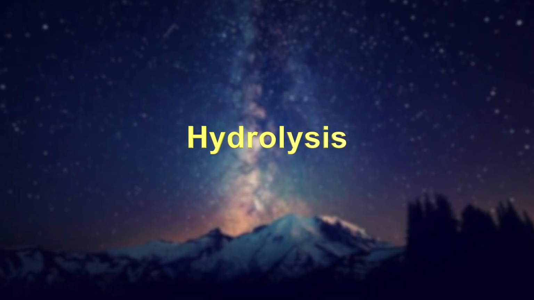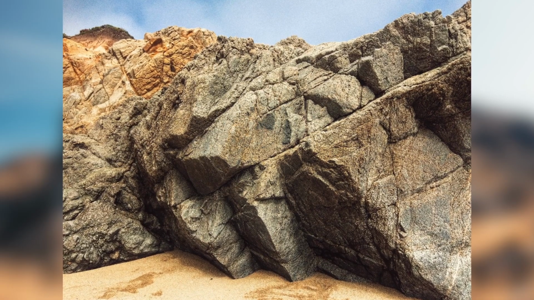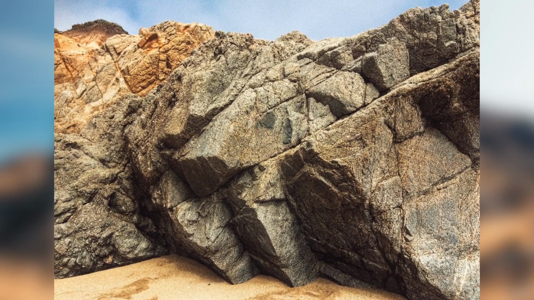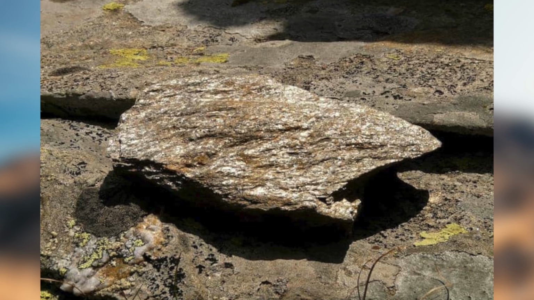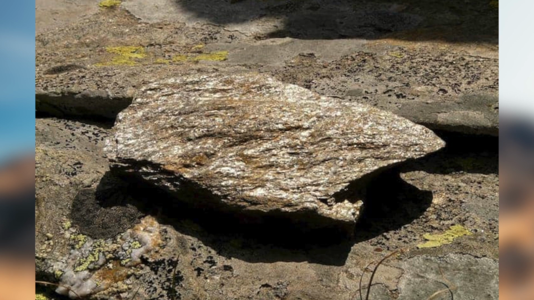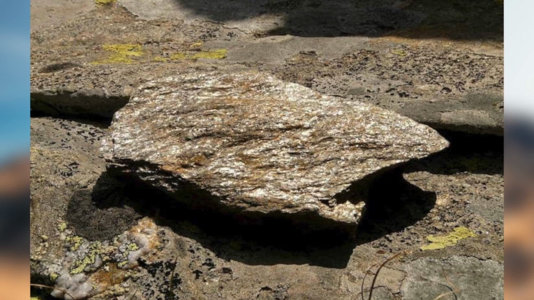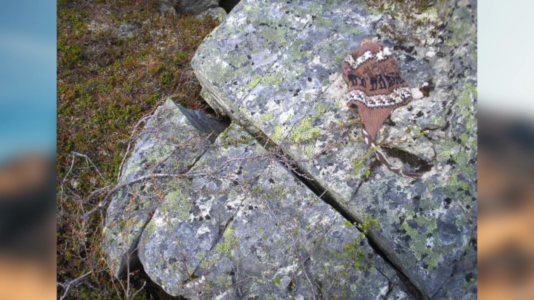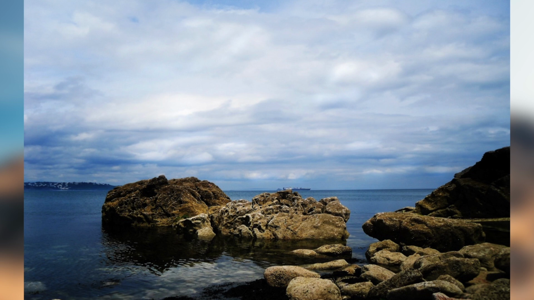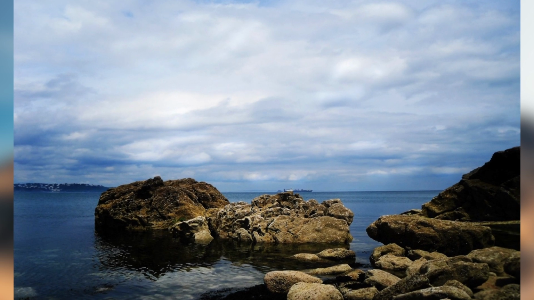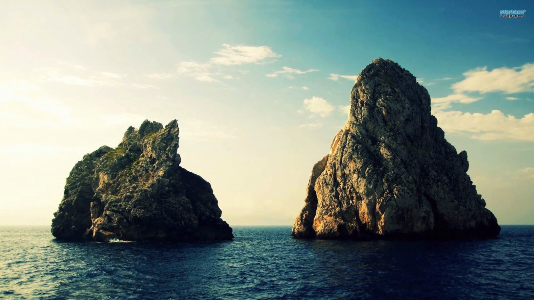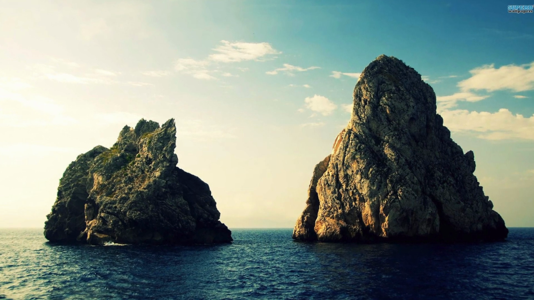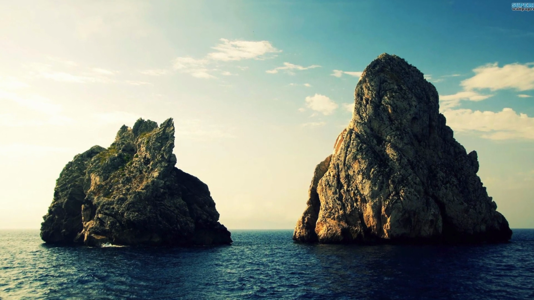Hydrolysis. Hydrolysis is the process in which both the mineral present in the rock and the water molecules decompose and react in such a way that new mineral compounds are formed. Hydrolysis is the chemical reaction between minerals present in the rock and water, that is, between hydrogen ions or hydroxyl ions, that is OH ions, and the ions of the minerals.